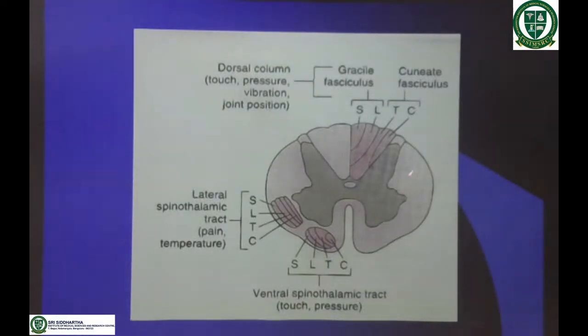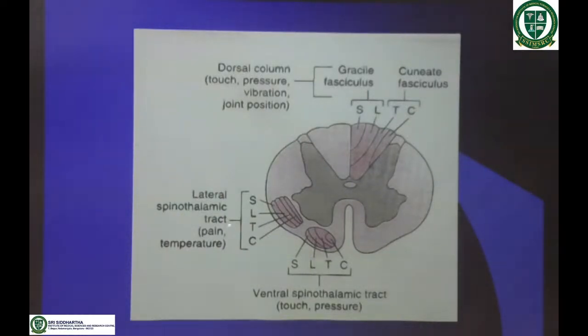Then this is a cut section of the spinal cord, where you can see the sensations which will be carried from where. So the gracilis fasciculus and cuneatus fasciculus will be relayed in this area and carry the sensations of the dorsal column tract, like touch, pressure, vibration and joint position, that is proprioception.